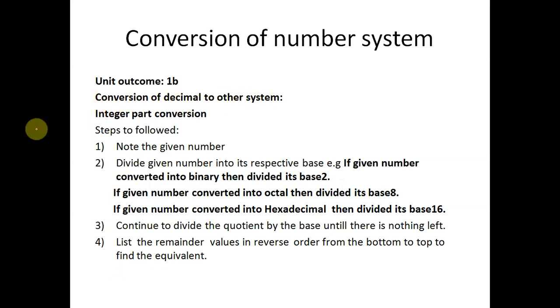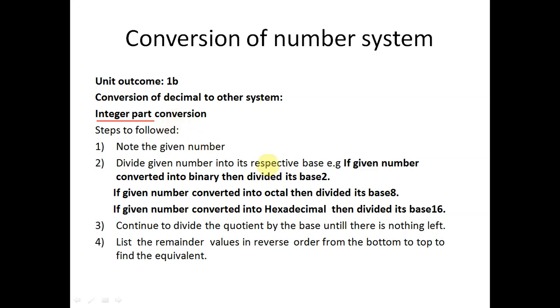Conversion of decimal number system is divided into two parts, integer part and fraction part conversion. The steps of integer part conversion and fraction part conversion are different.